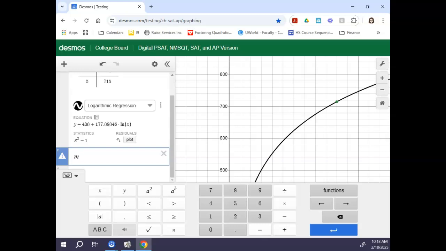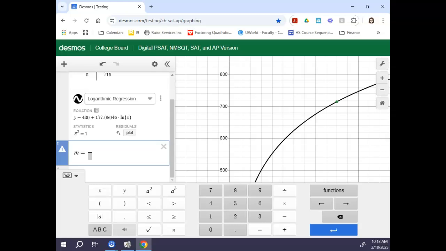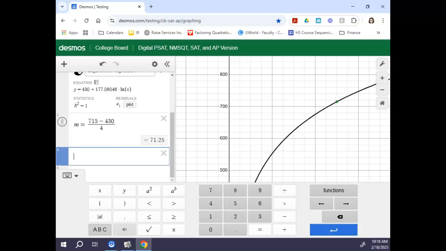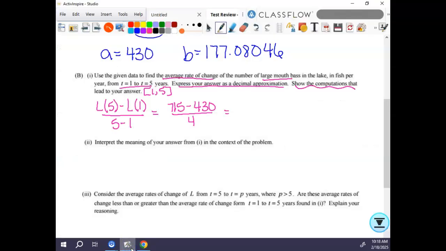So M equals 715 minus 430, and I could put it over 5 minus 1, that's fine, but that's also just over 4. Okay, so I get 71.25, which is not an ugly decimal. They're not always going to come out that pretty.